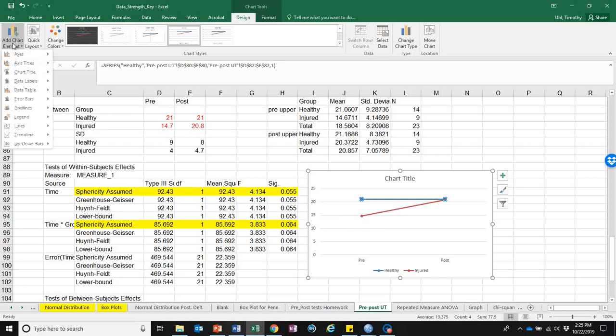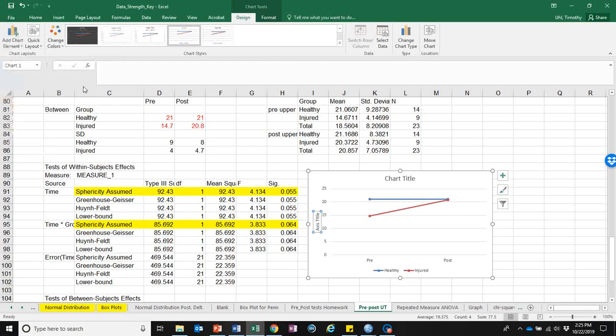So I go over here to my add element, and I want to give the vertical axis a title. So I'm going to say this is upper trapezius strength in, and then usually our units, pounds, kilograms, newtons, whatever is in parentheses and described right there. So now I've got my chart.